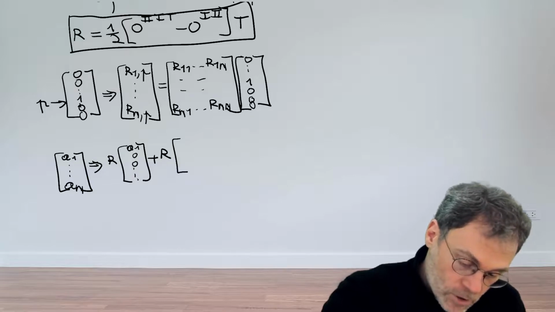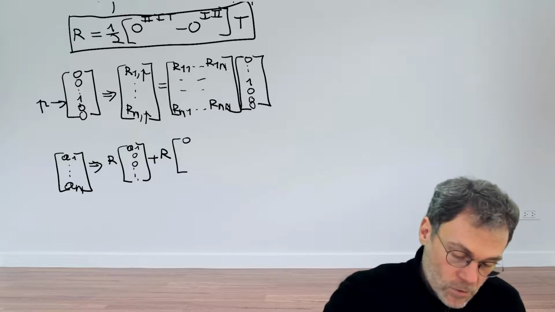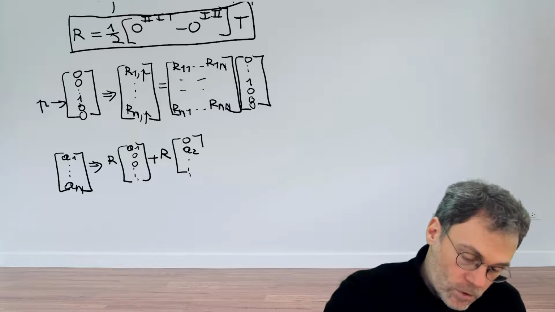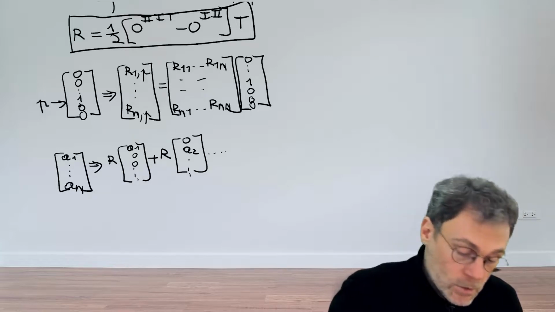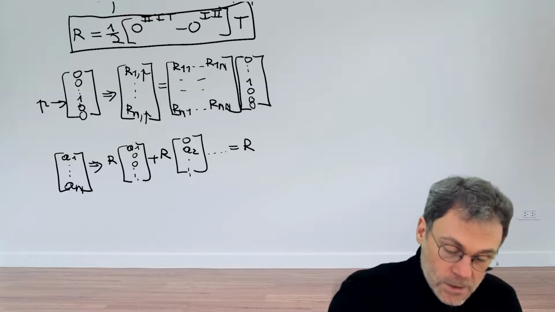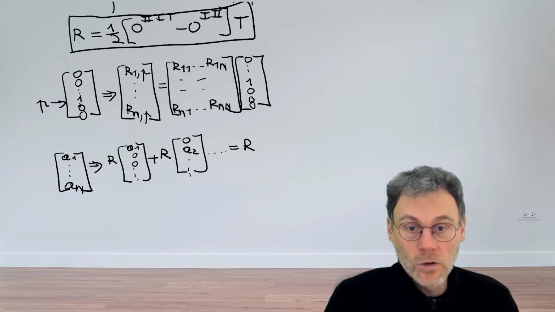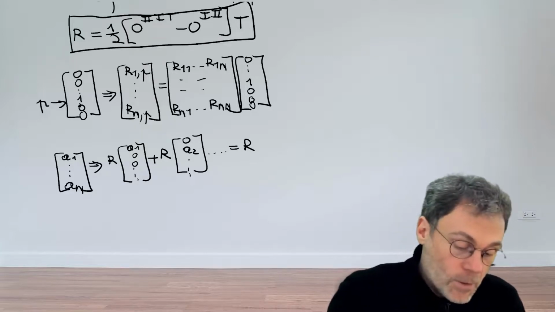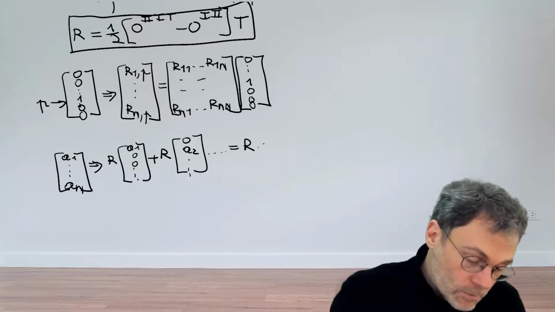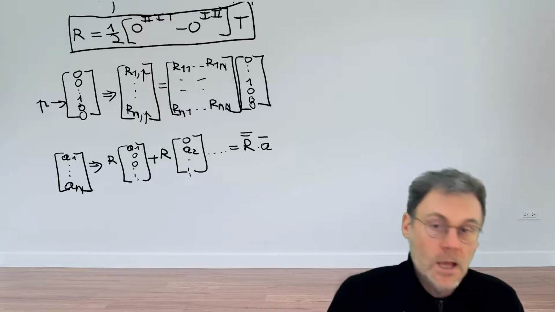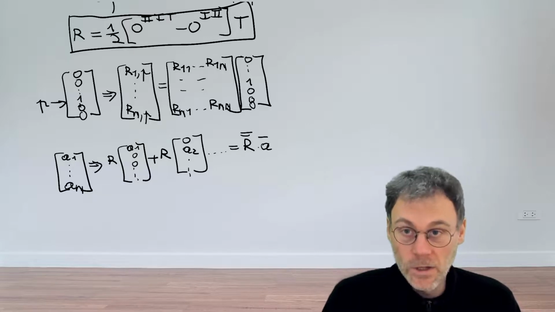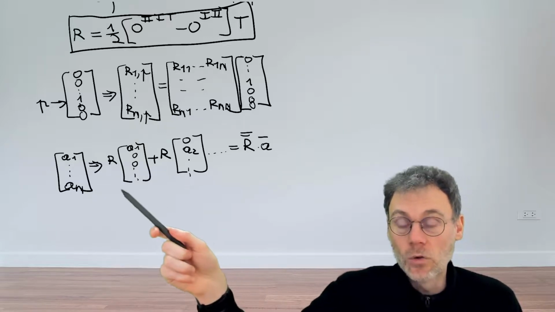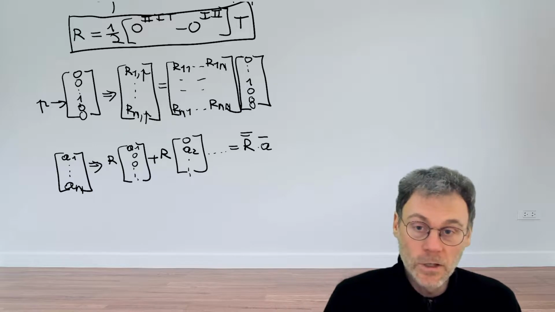And then we have R, and then we have 0, A2, and so on and so forth. So then you basically have all these terms. And then by associativity, it's again the same conclusion that you can find the reflected field by taking the reflection matrix and multiplying this with the vector that describes the expansion coefficients of the incident field. So this generalizes to arbitrary incident fields.